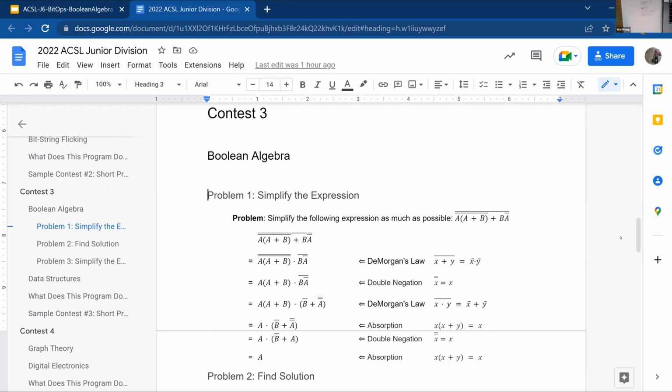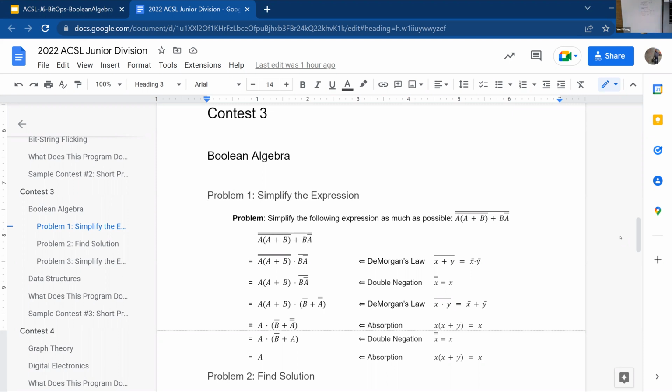When you see these things, you immediately know what to do. So that becomes not B or not A. This part changes into this, and with this part, we apply the absorption law.